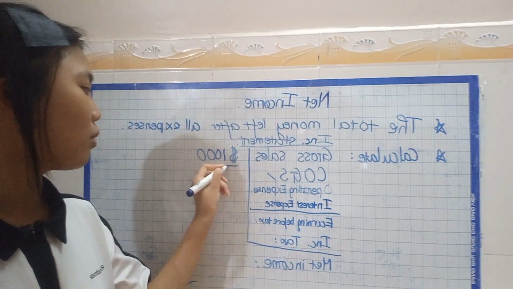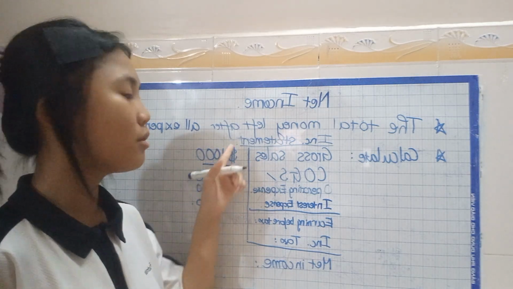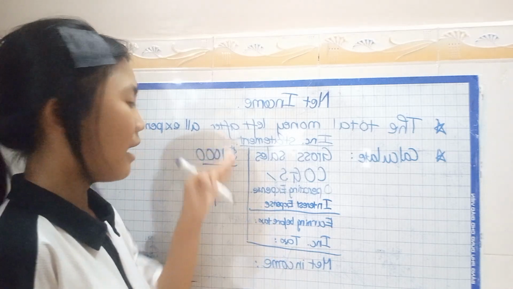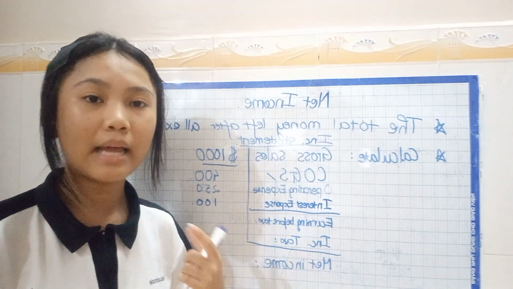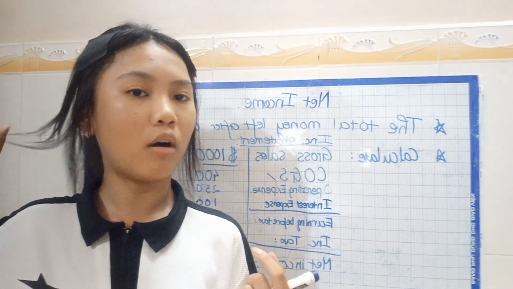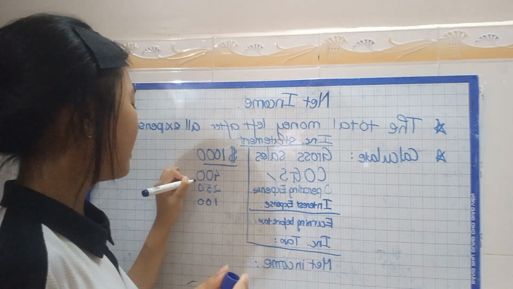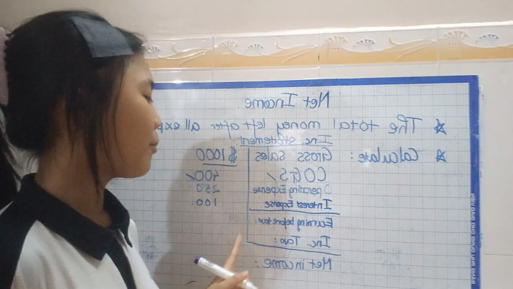Here I wrote the dollar sign, and down here I do not have to write it anymore because they're all representing dollars, right? I just need one here to represent the currency. So moving on, the cost of goods sold is $400.